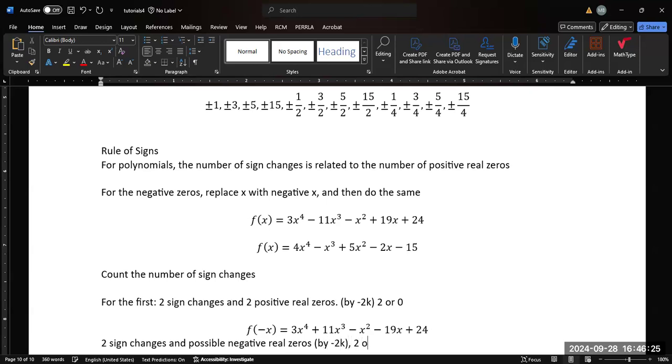So 2 or 0, basically. So if you had 5 sign changes in a really long expression, you would say you could have 5 or 3 or 1.